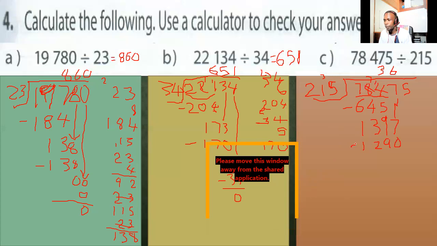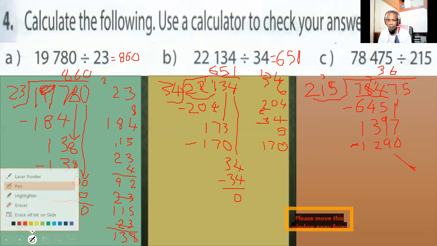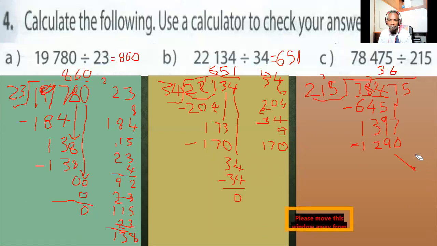So let's subtract. 7 minus 0, 7. 7 minus 0, 7. 9 minus 9, 0.